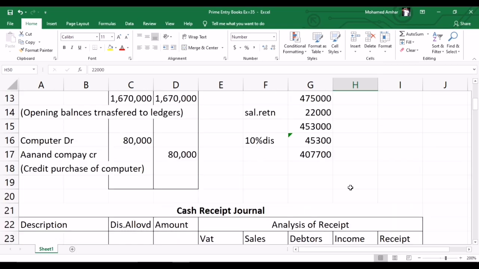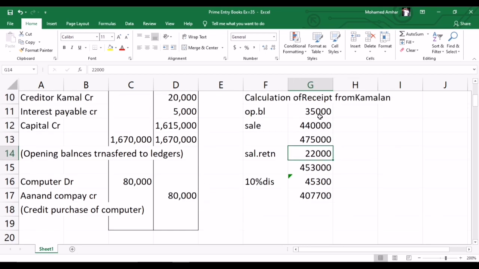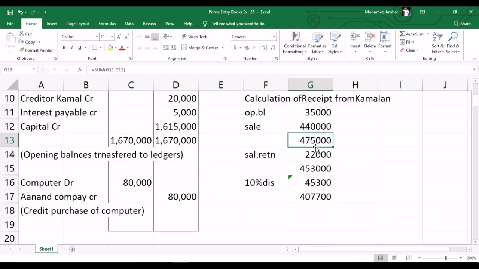So you deduct the sales return from the total receivable amount 475. So balance receivable is 453,000. That is the amount up to this date that Kamalan has to give to the business.